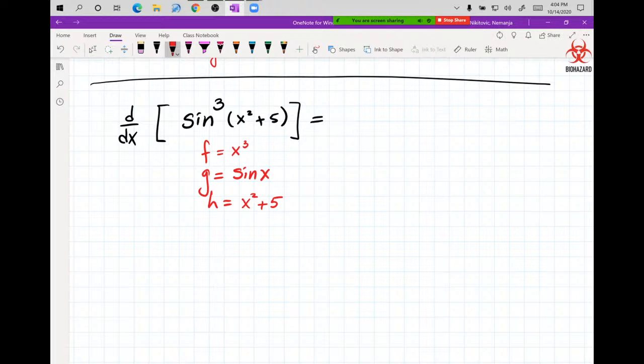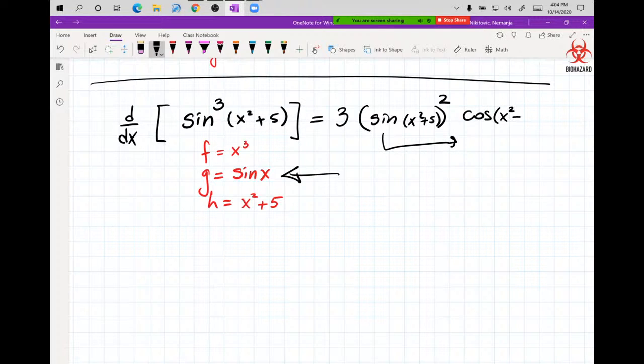So now we need to take these derivatives. If my first is x cubed, that means 3x squared. Now, what is the inside? It is sine of x squared plus 5. Then we dig 1 in. So the derivative of sine is cosine of x squared plus 5. And finally, the derivative of the inside is 2x.